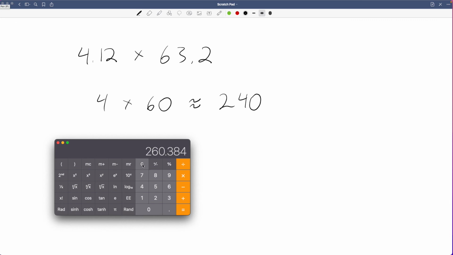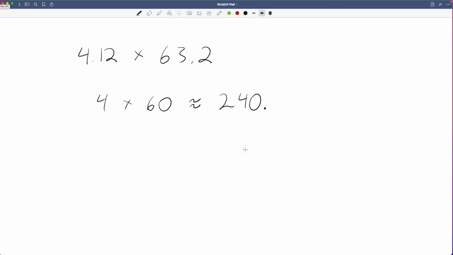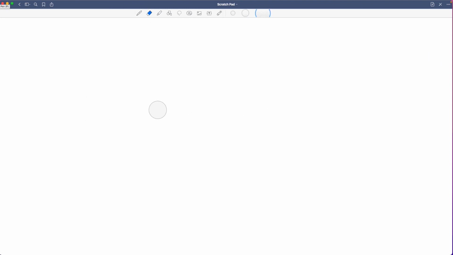So if I were to estimate this calculation, 6.78 times 0.0537, I would say that would be approximately 7 times approximately 0.05. So that would be approximately 0.35.